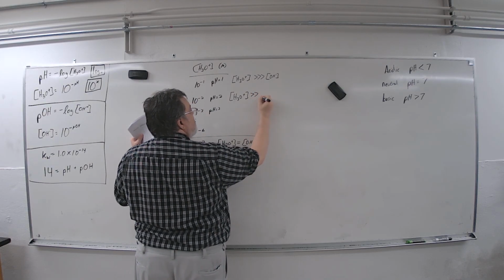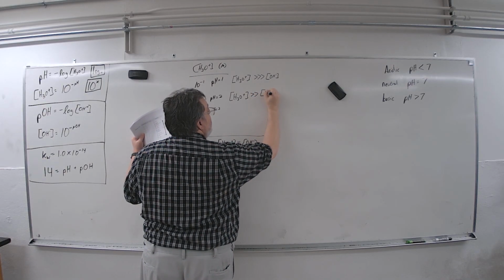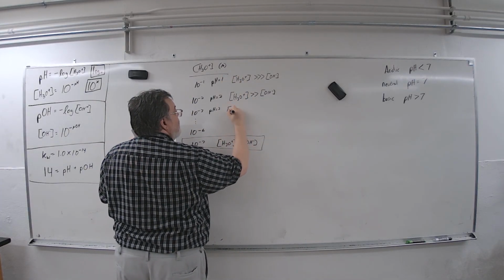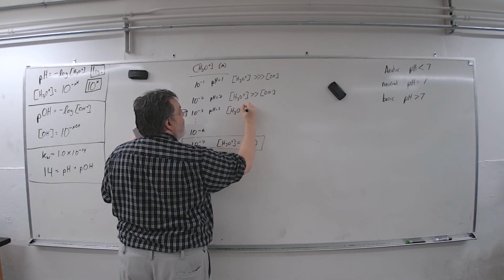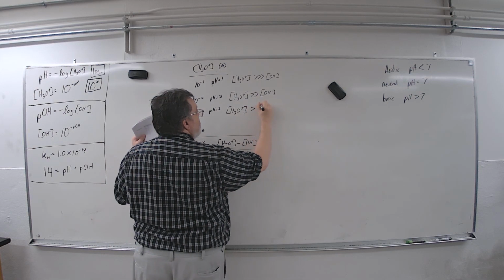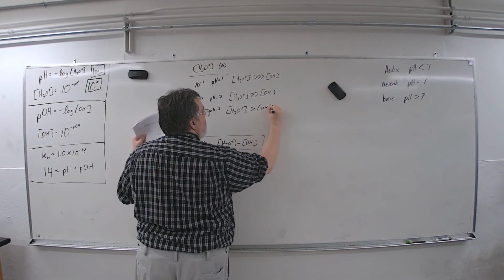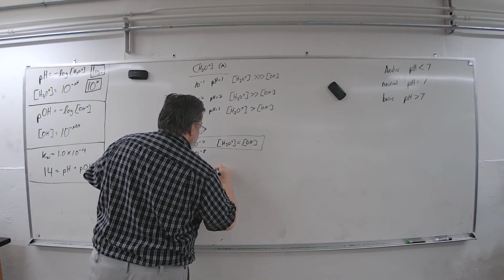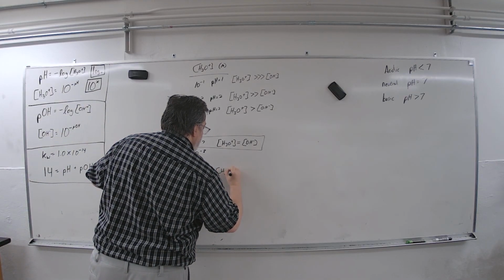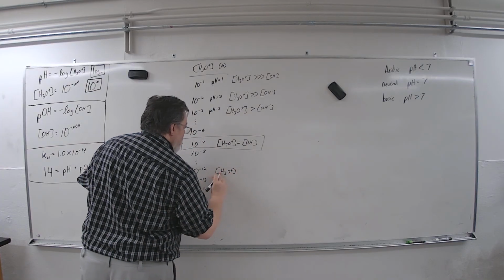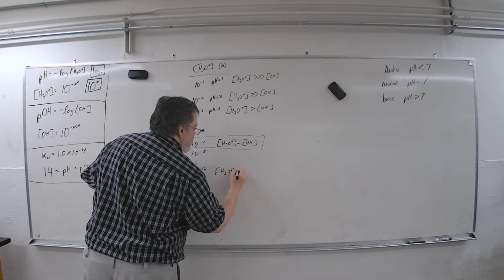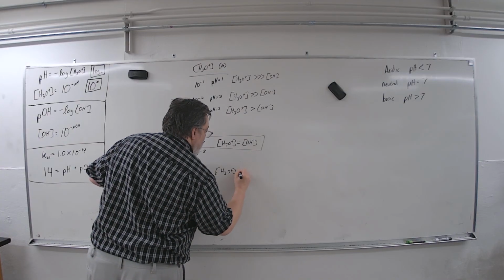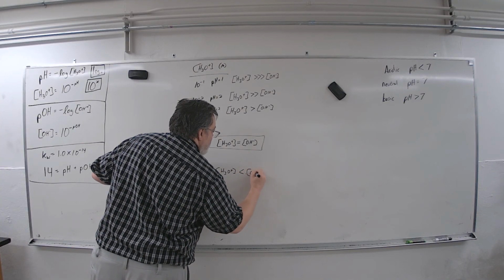And I'll just put 2 chevrons there as we start going up the scale. Still greater than the OH. But once you get down here, H3O plus is now less than the concentration of OH.